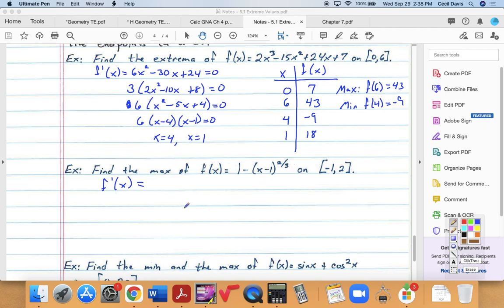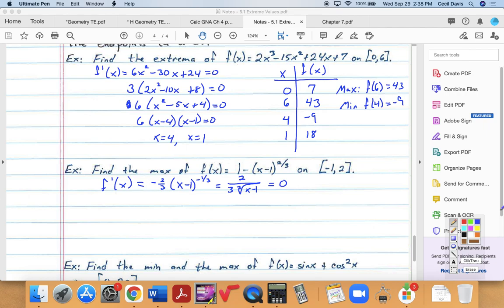So yeah, we're good to go. So the derivative is going to be negative 2/3 times x minus 1 to the negative 1/3. Which, if I rewrite that, that's 2 over 3 times the cube root of x minus 1.